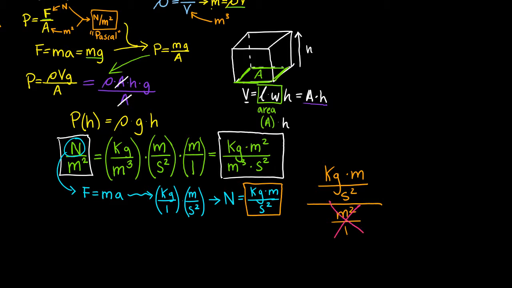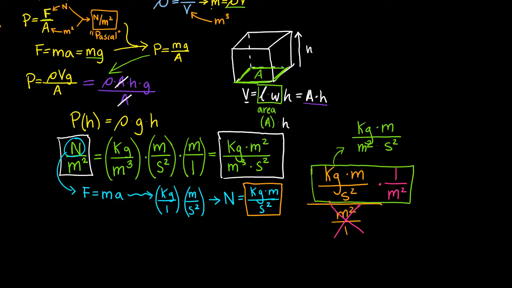So I'm going to get rid of the meters squared over 1 and multiply it as a 1 over meters squared. We're going to squish all of this together and make it kilograms times meters divided by meters squared times seconds squared.